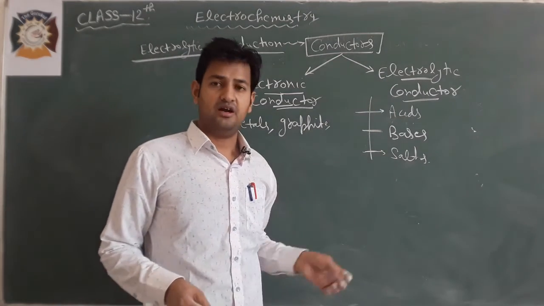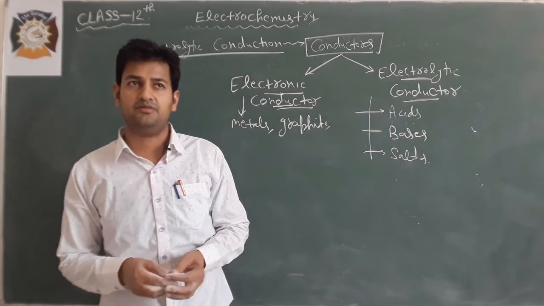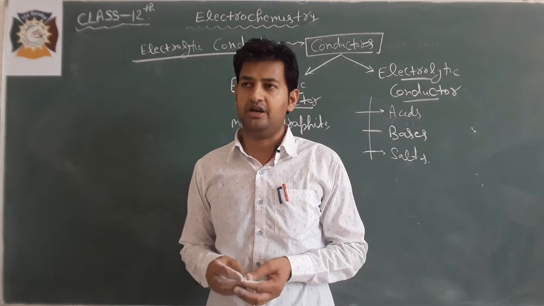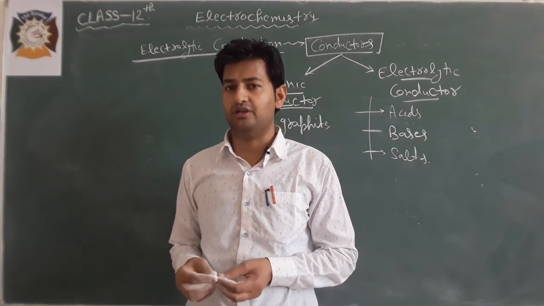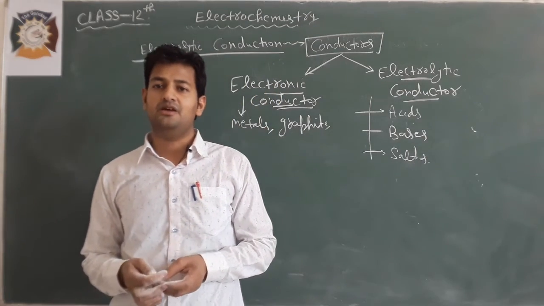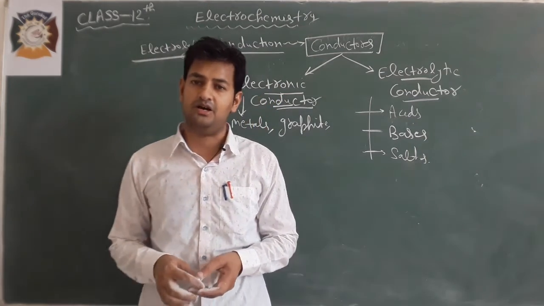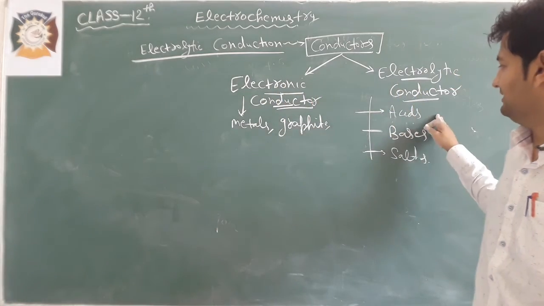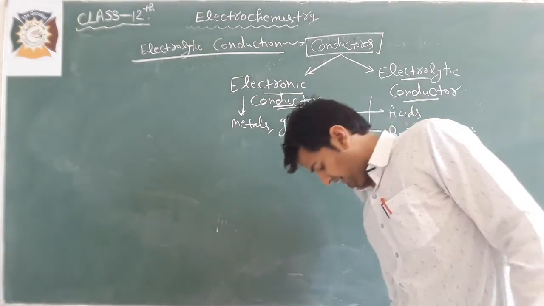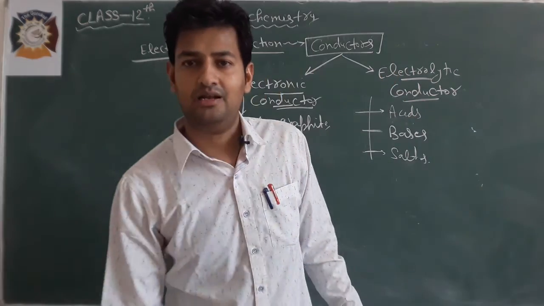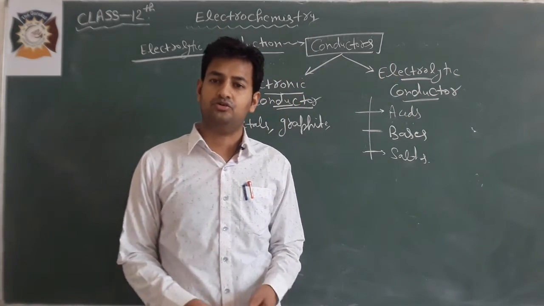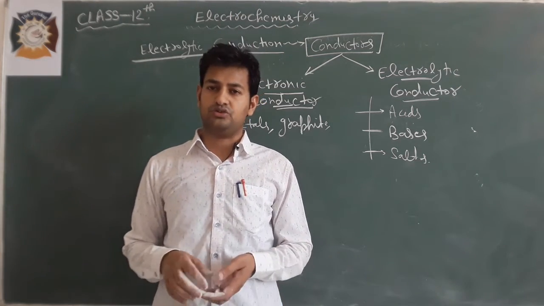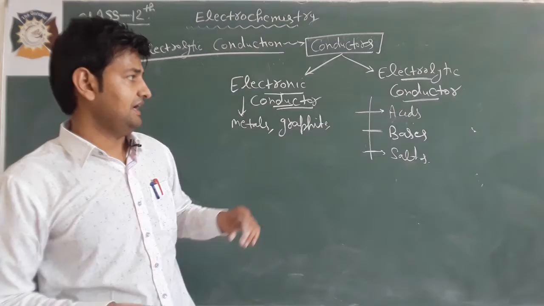Electrolytic conductors are again of different types: strong electrolyte, weak electrolyte and non-electrolyte. Strong electrolytes are those which completely dissociate. Strong electrolytes are strong acids and bases, such as HCl, H2SO4, HNO3, that is hydrochloric acid, sulfuric acid, nitric acid, and sodium hydroxide.